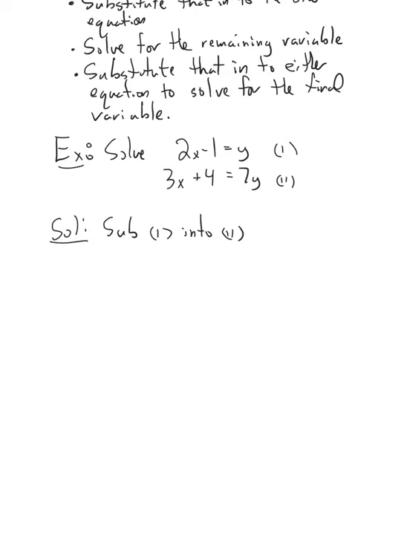So we get that 3x plus 4 equals 7, and then, well, here we have that y equals 2x minus 1. So instead of putting in y, I'm going to put in 2x minus 1. Now I'm just going to solve for x.